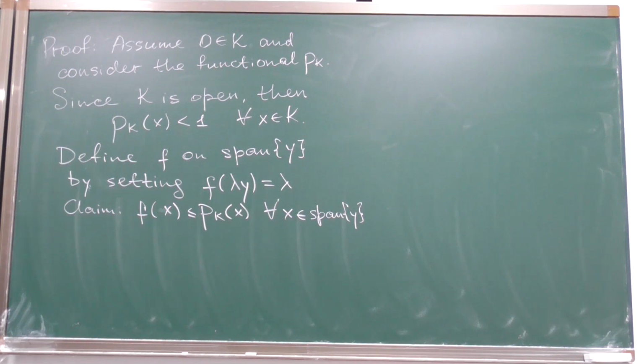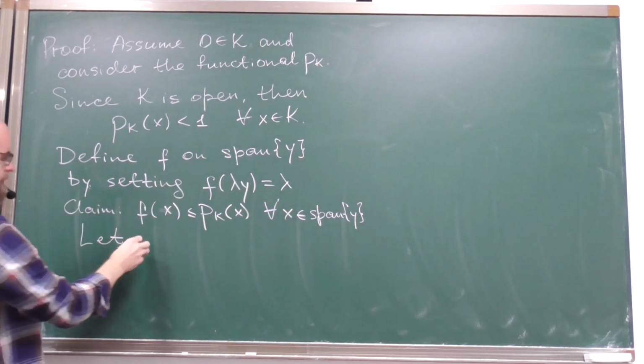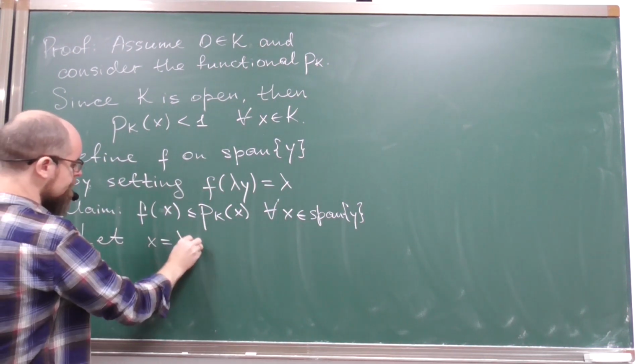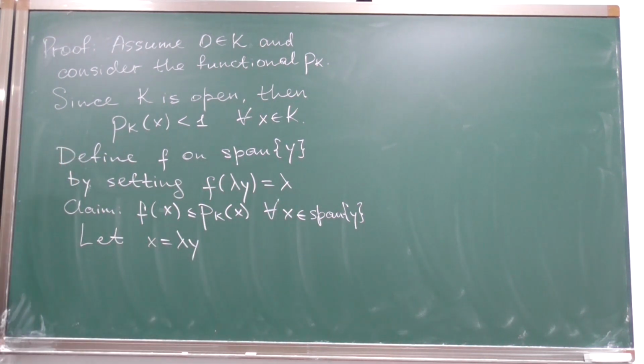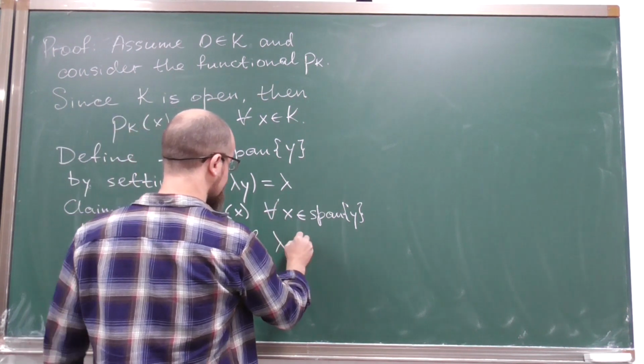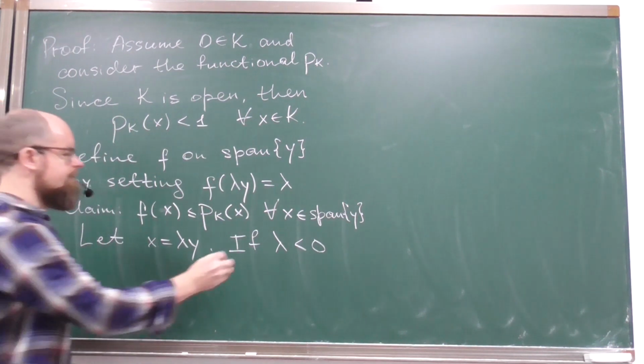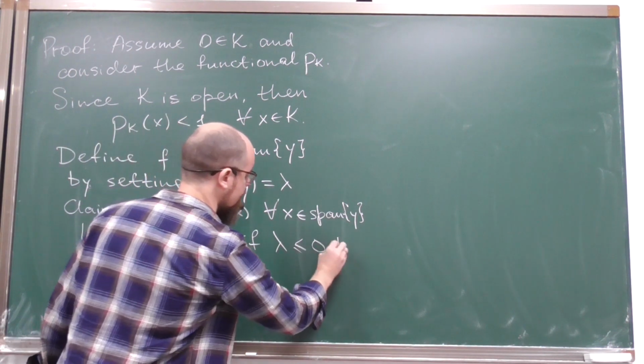So let's prove this. First of all, if x is from the span of y, x equals lambda y. Well, let us consider two cases. The first case is that lambda is less than or equal to 0.